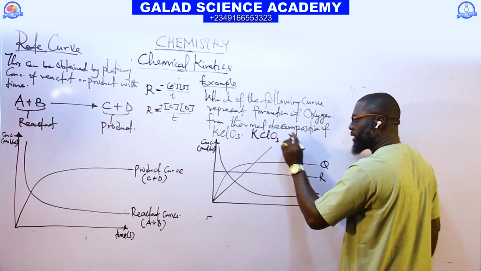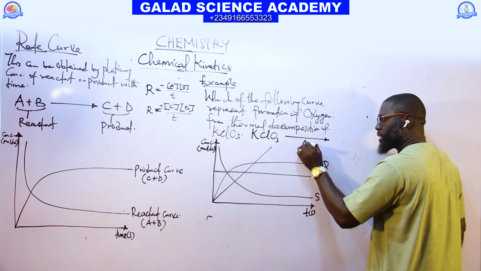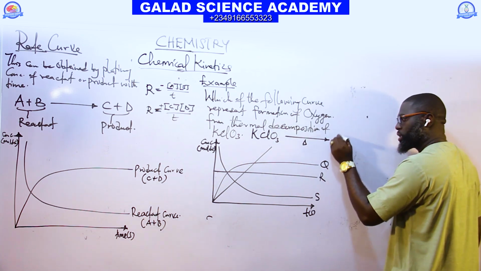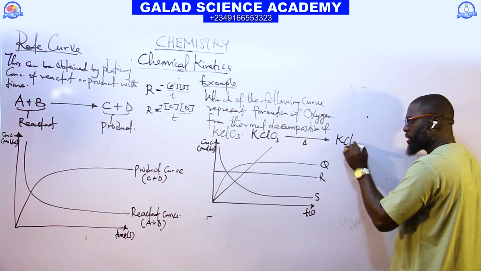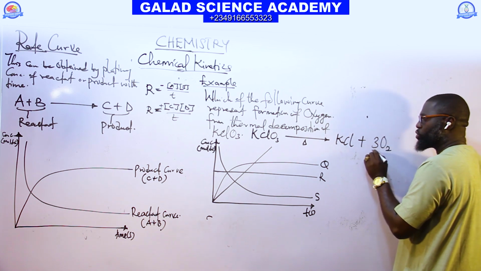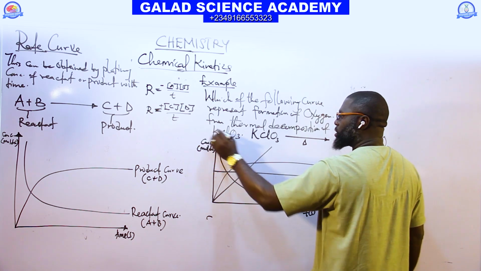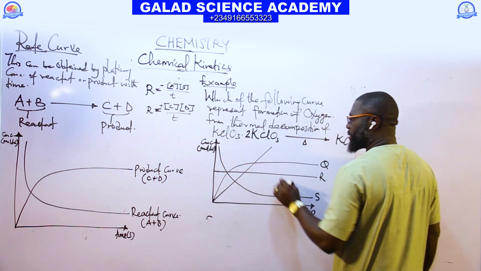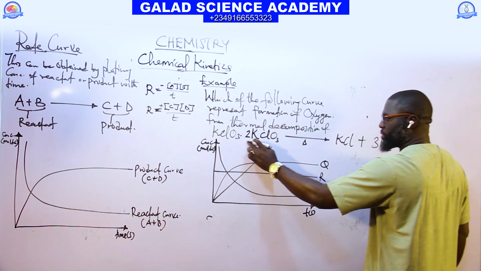KClO3. This is the equation of reaction. Thermal decomposition gives KCl plus 3O2, and we have 2 here to balance. This is the equation of reaction.